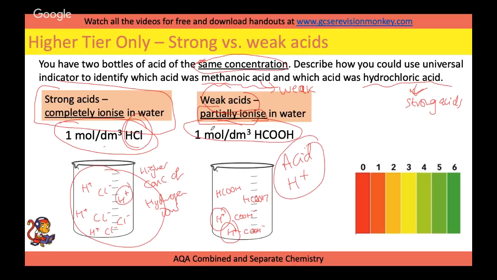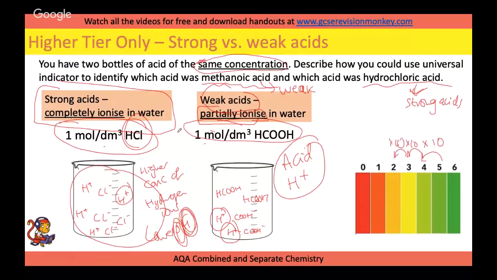But even though they've got the same concentration, this will have more hydrogen ions freely moving around than this one. So it will have a lower pH, because the pH tells us, you can think about it as the power of hydrogen ions that are in the solution. As you go down a pH, you have 10 times more hydrogen ions in the solution.